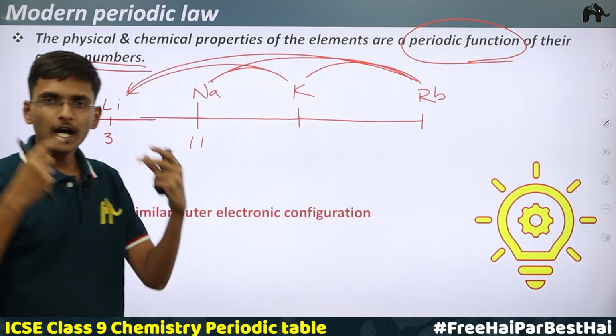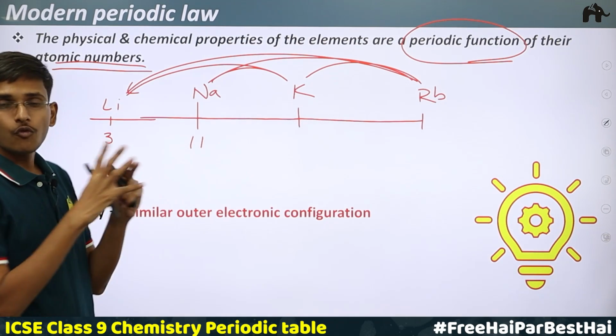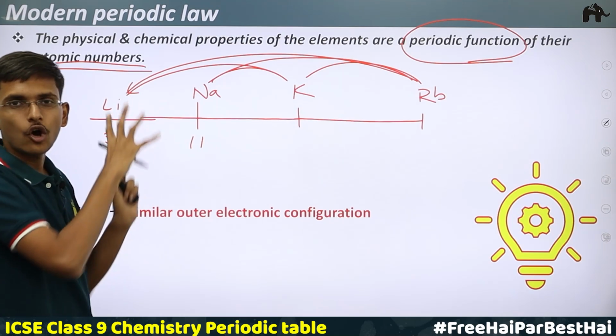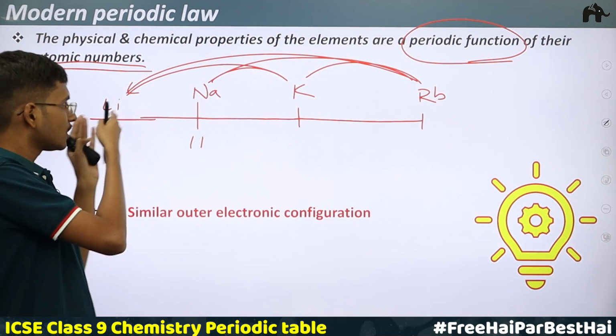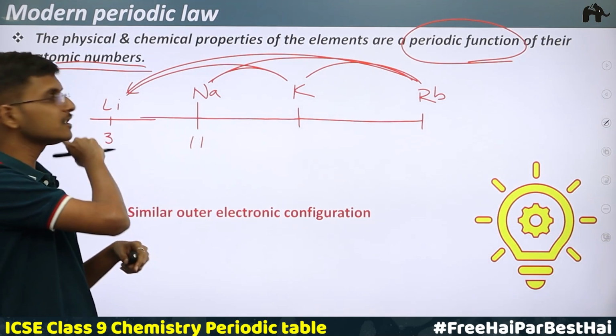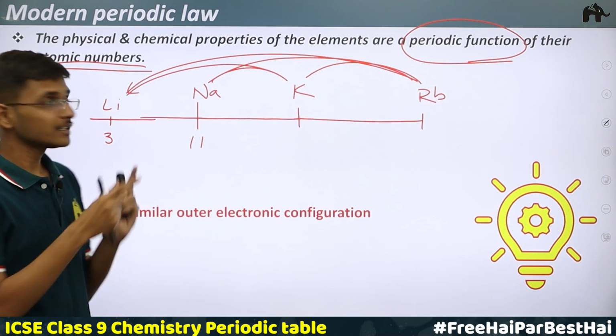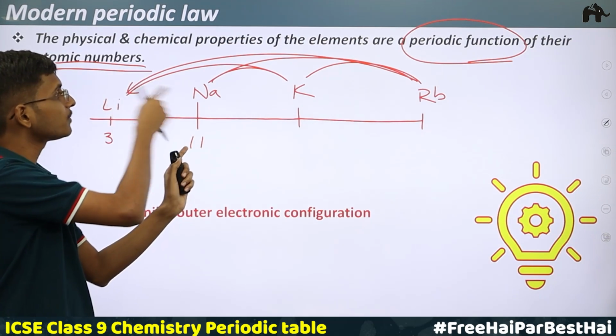So what Moseley told us from his law is that if you arrange the elements in increasing order of their atomic numbers, you get elements having similar properties.